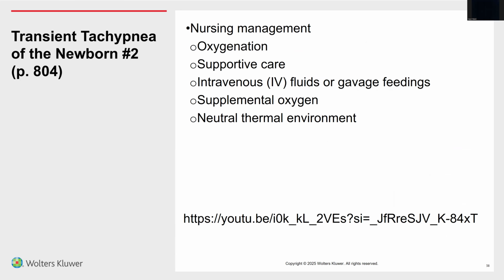They're not going to be fed while they are breathing too fast, so no nipple feeding or breastfeeding, because that increases the risk of aspiration into the lungs. So they're going to get IV fluids or gavage feedings through a feeding tube, through an OG tube.